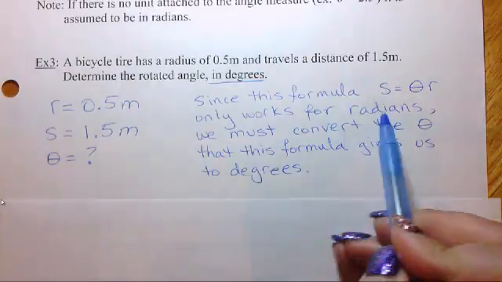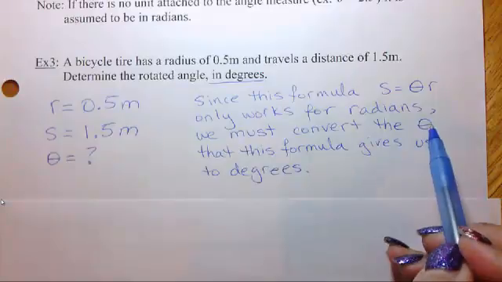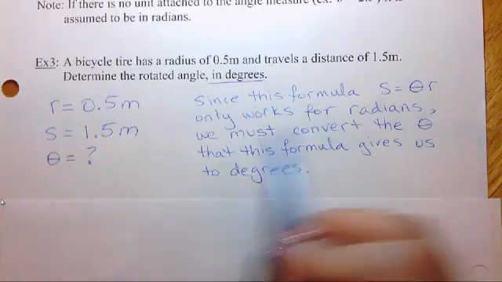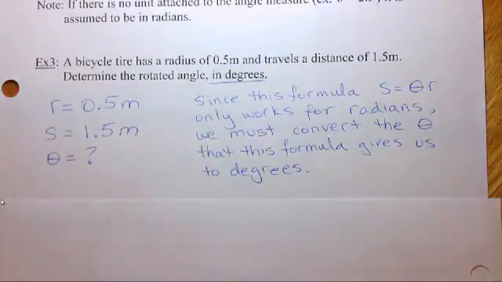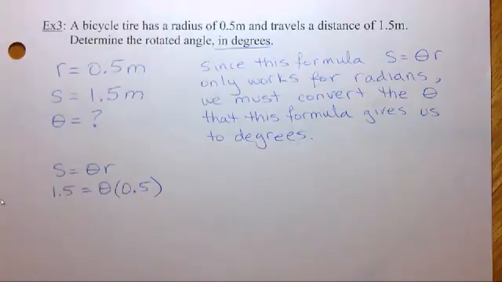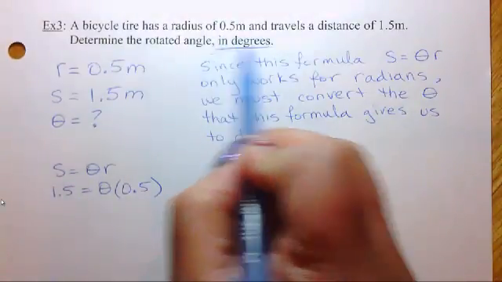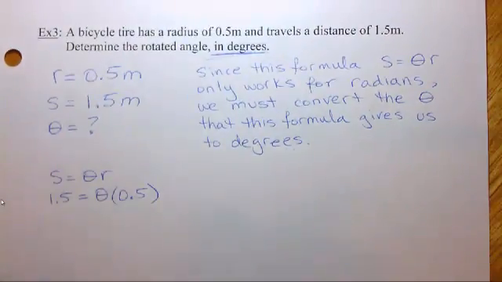It only works for radians. We must convert the theta, or the angle that this formula gives us, to degrees. So when we use this formula, it's going to give us an answer in radians. Then we have to figure out what it is in degrees if the question asks for degrees. So you always have to make sure you keep that in mind.